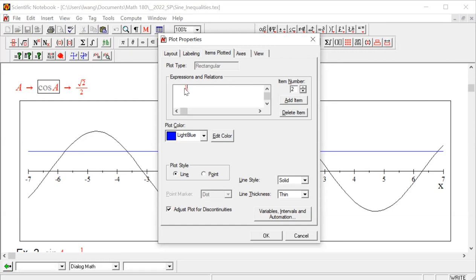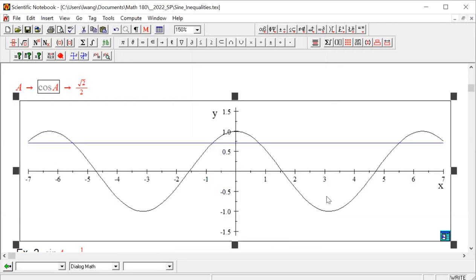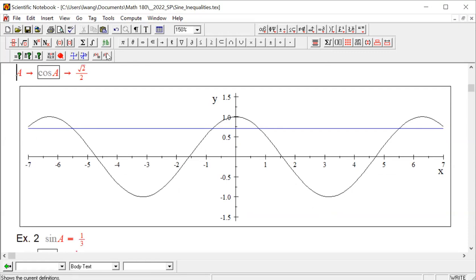And the horizontal line is root 2 over 2, right? I'm also going to remove that arcsine. There you go. You can see that if the rule has changed, the idea and the method don't change.